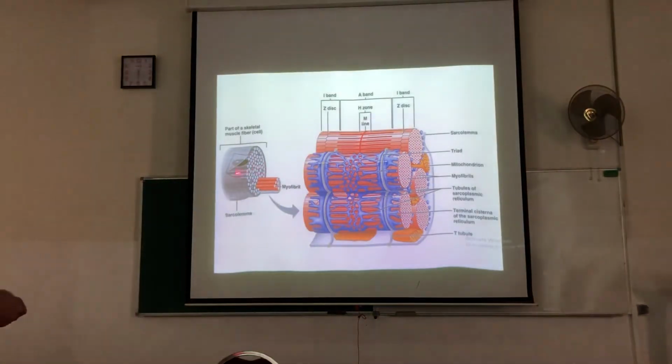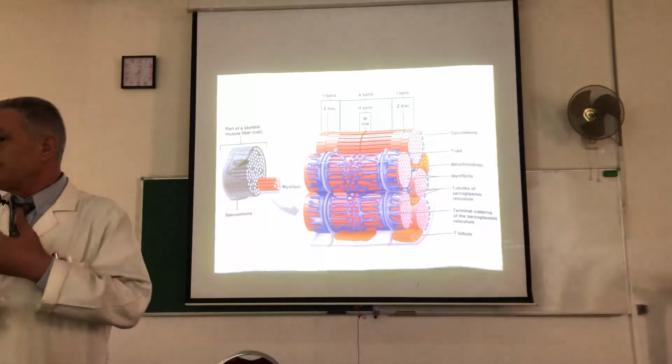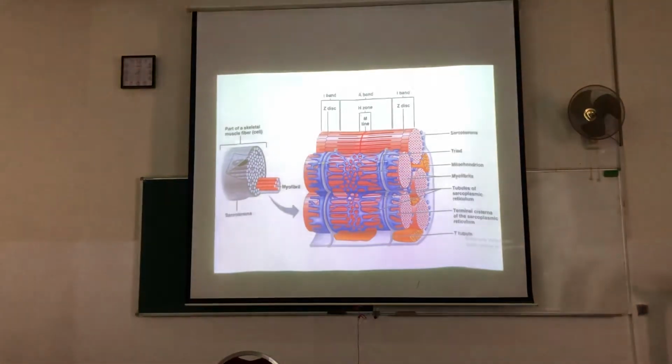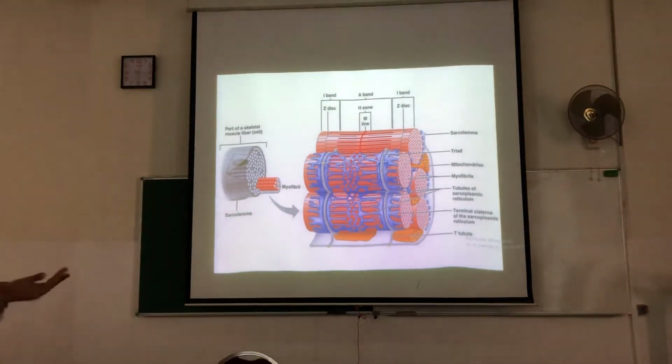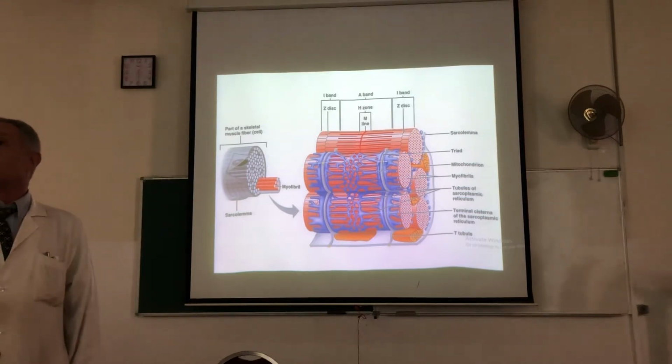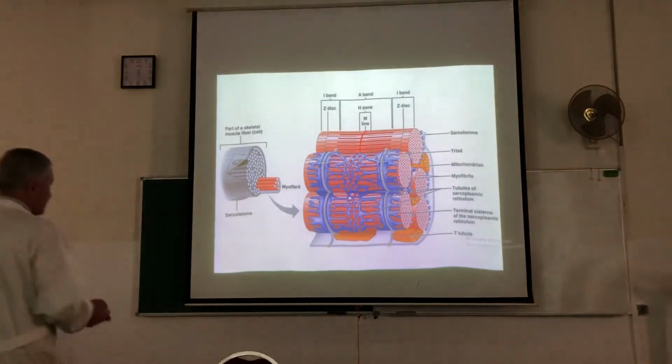The cytosol of the muscle cell is called sarcoplasm. Now you know what we mean by sarcoplasm, sarcoplasmic reticulum, and sarcolemma. So these are names for these structures at the level of the muscle fiber.